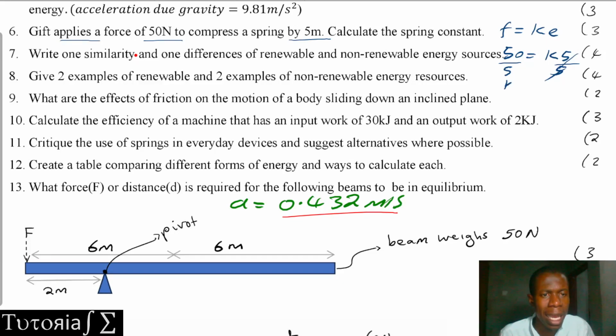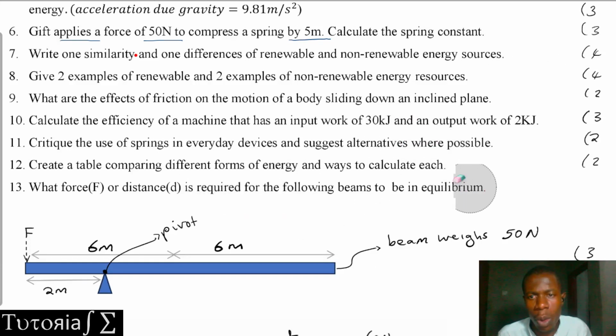Then k equals 10 newtons per meter. Okay, so that is how you're supposed to work out question 6. Very simple and straightforward. You get 3 marks like that. Force is equal to k times e. You have force, which is 50, and you have the extension, which is 5, and you do the needful there.